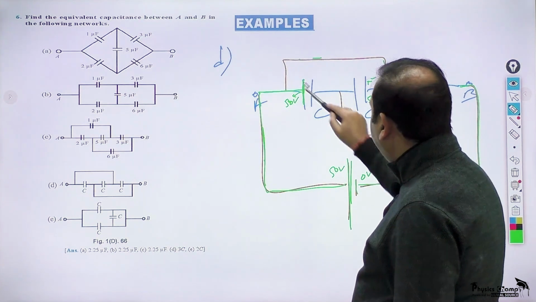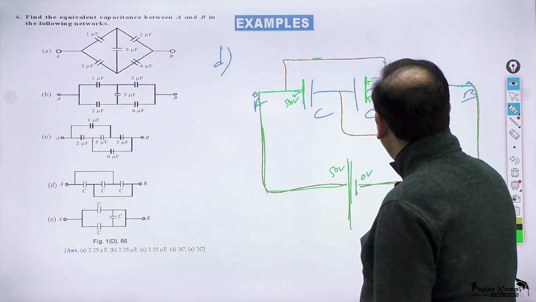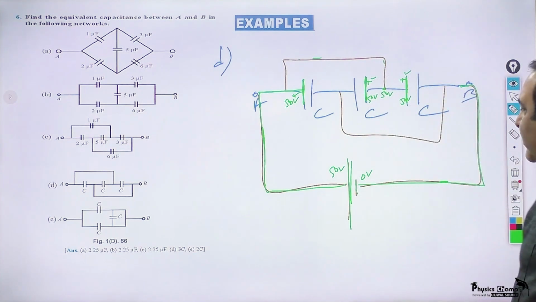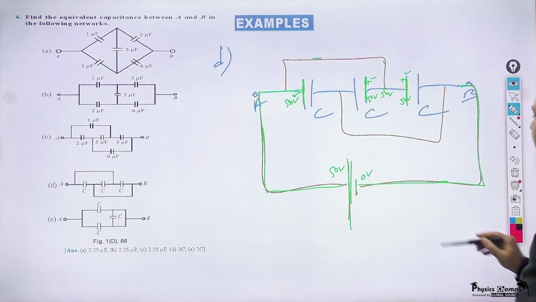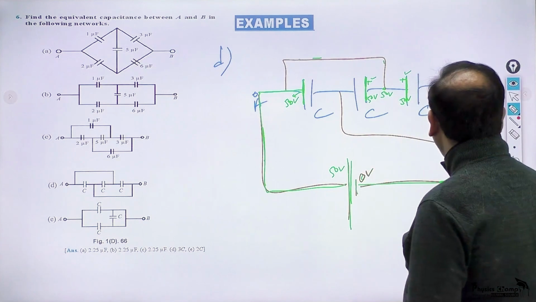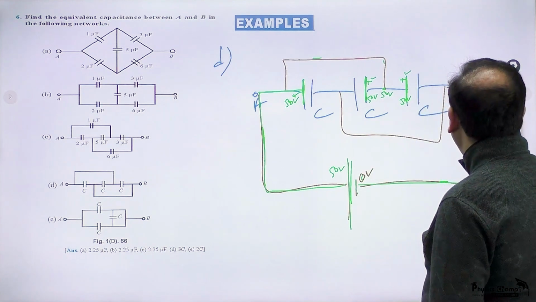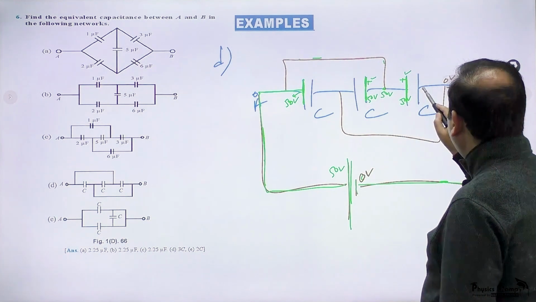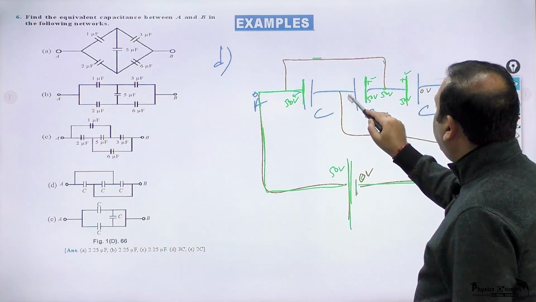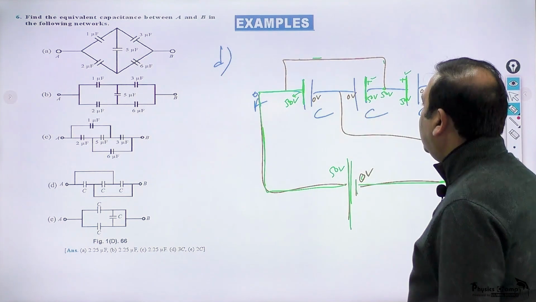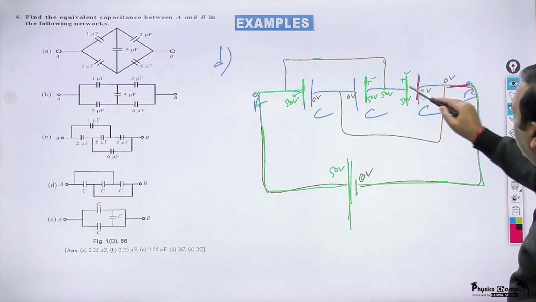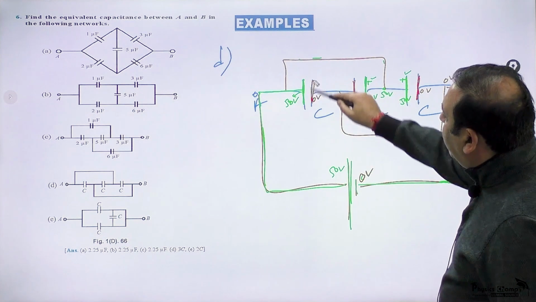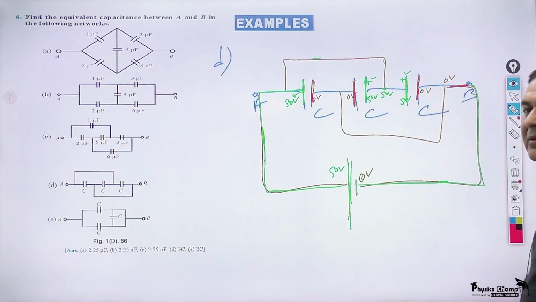There are 3 plates which are at 50 volt. This one, and this one. They are at 50 volt. Similarly, the other side which is 0 volt. Let me show 0 volt by red. This is 0 volt. It means this is already at 0 volt, this is already at 0 volt, and this is already at 0 volt. It means I have got 3 plates on the 3 capacitors at 0 volt each.